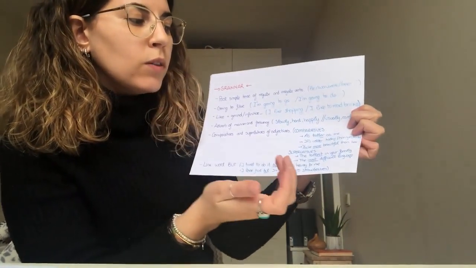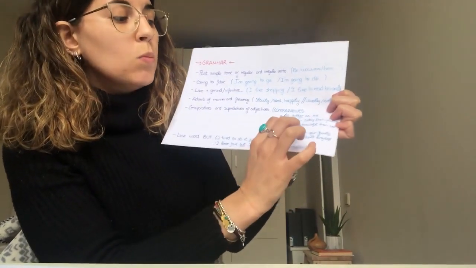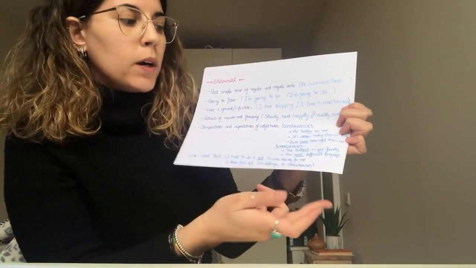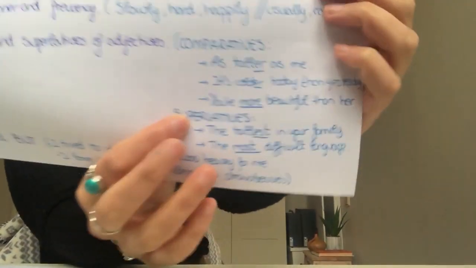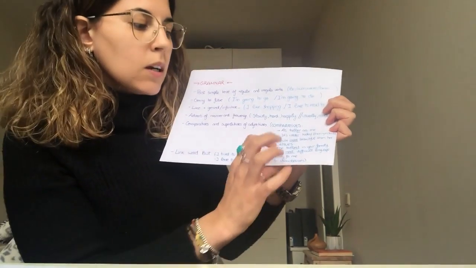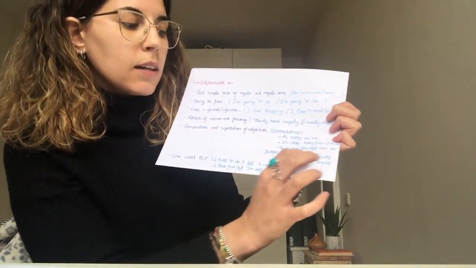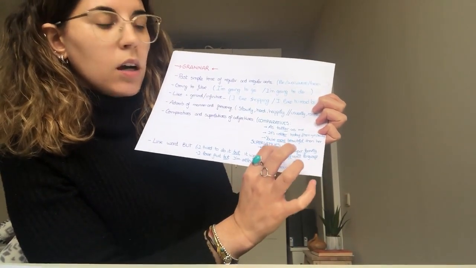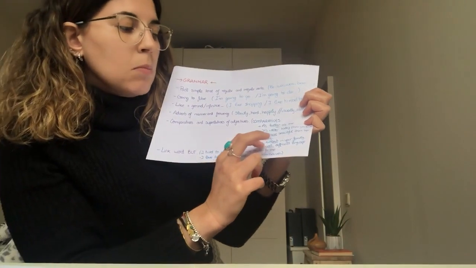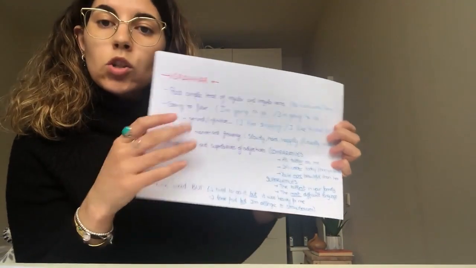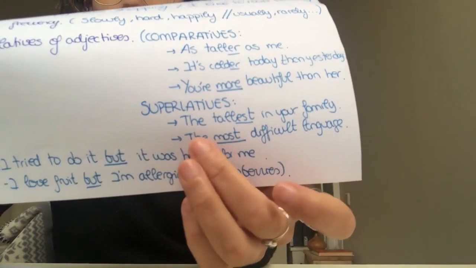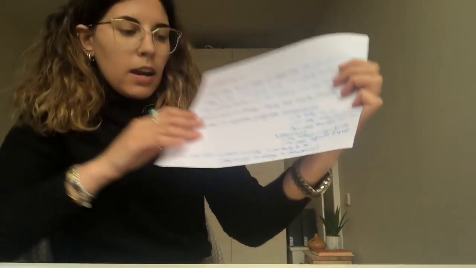You're more beautiful than her, so we use more with beautiful and then we use than to compare with her. And superlatives. The tallest in your family, so that means tallest with EST. Or the most difficult language. So we use the most beautiful language. We use the most. Okay?